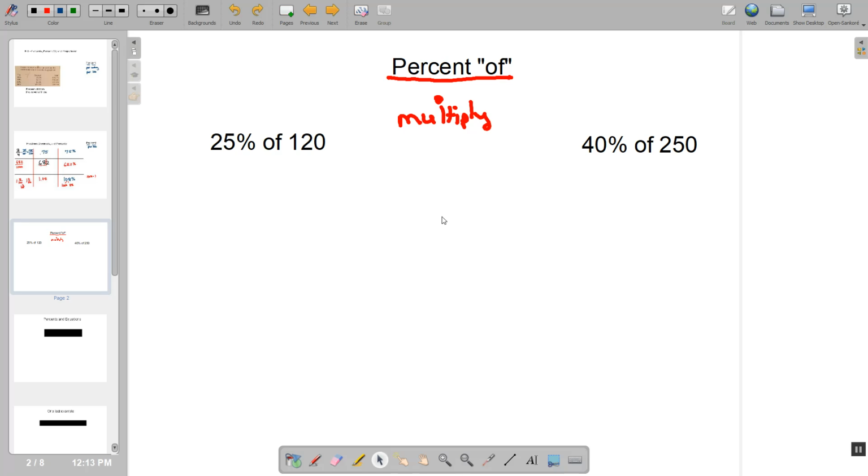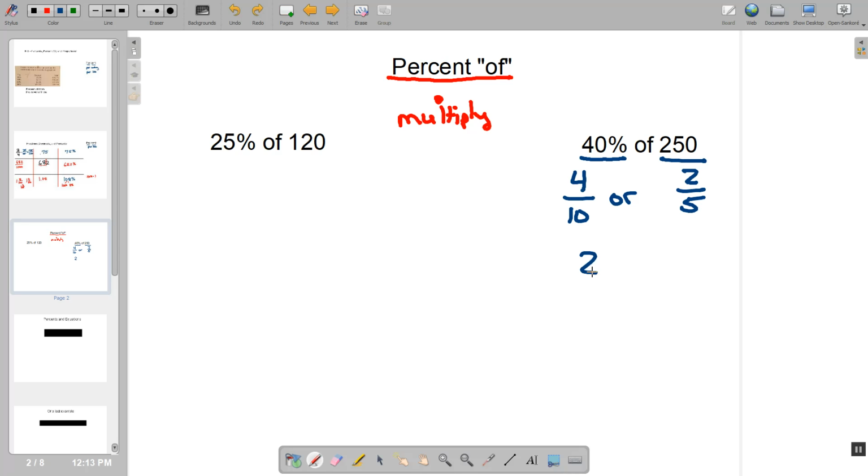Let's do one more example. I'm going to show you either fractions or decimals, and for the rest of the video, I'm going to pick one or the other. So, 40% of 250, I can do this as a fraction, which is 4/10, or 2/5.